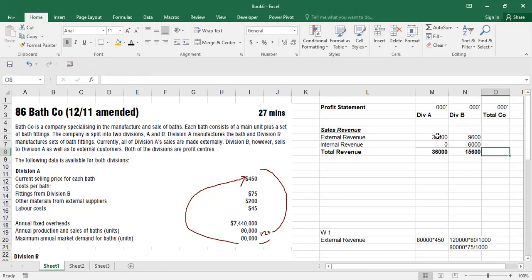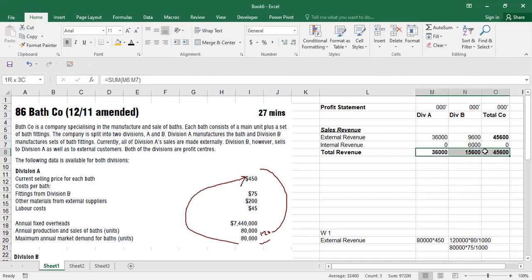We will only be showing the revenue which is external to the group, 45,600, and the revenue within the group we just ignore.